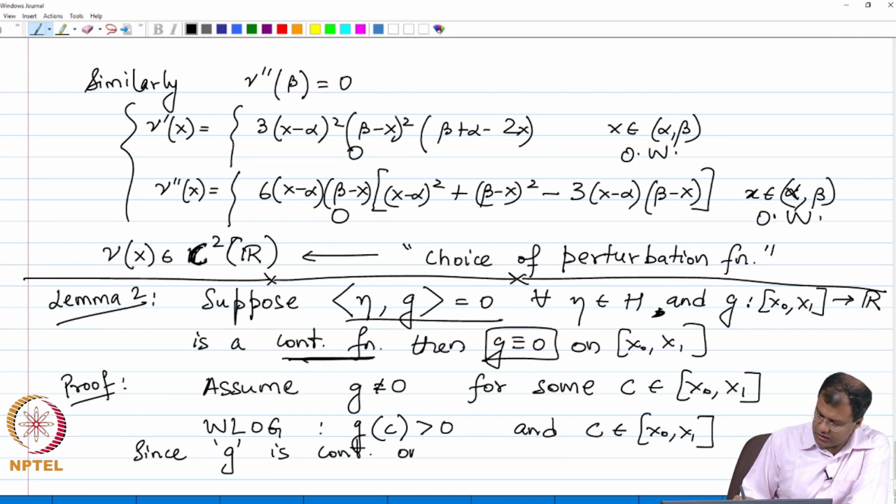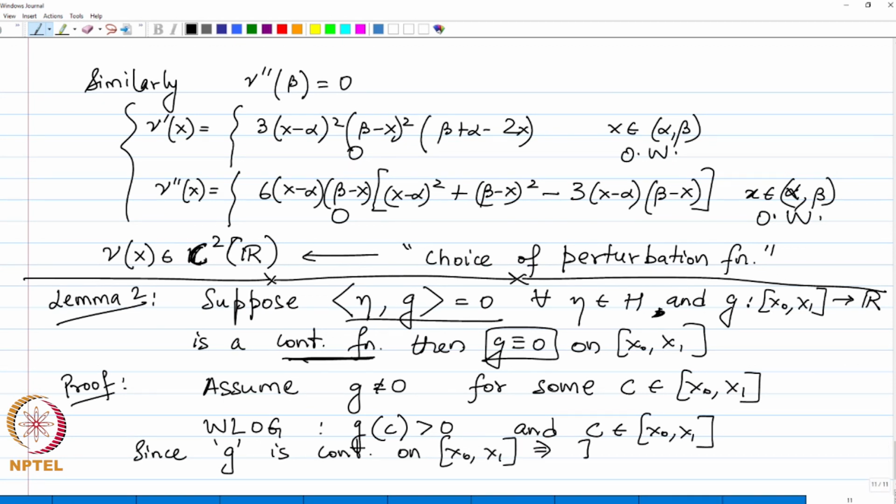Since g is continuous on the interval x 0 to x 1, it implies there exist two numbers alpha, beta, such that x 0 less than alpha less than c less than beta less than x 1, and g of x is positive for all x inside this interval alpha comma beta, right.